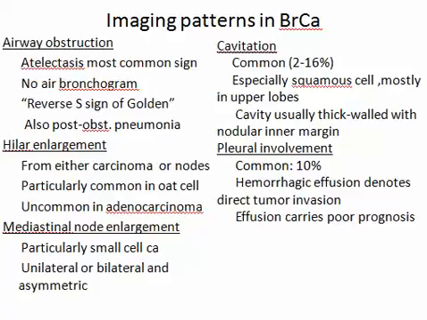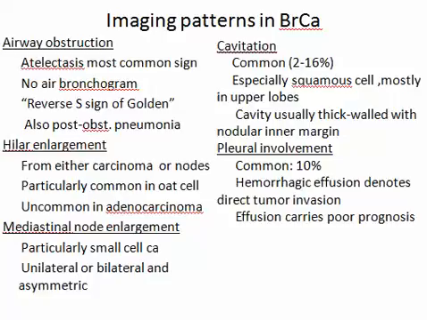Then lastly, we have cavitation, and this, although constituting 2 to 16%, some are considered as common, especially in squamous cell carcinoma, mostly in the upper lobes. Cavity usually is thick-walled, eccentric. The main sign is that there is a nodule along the inner margin of the cavity.